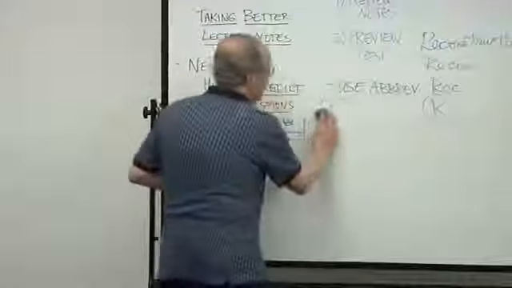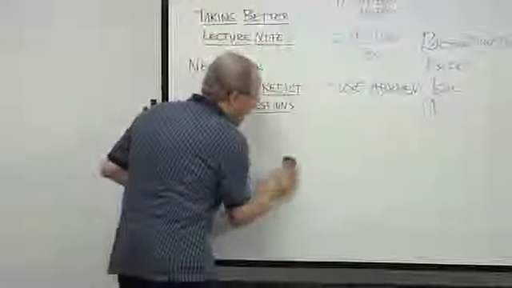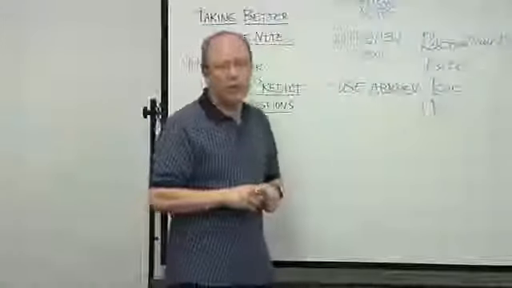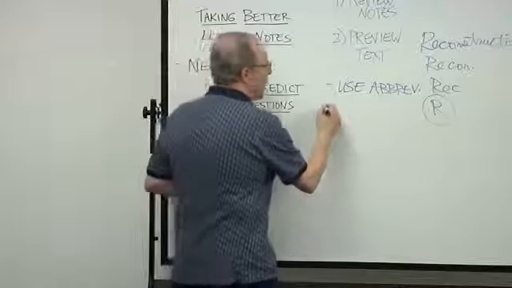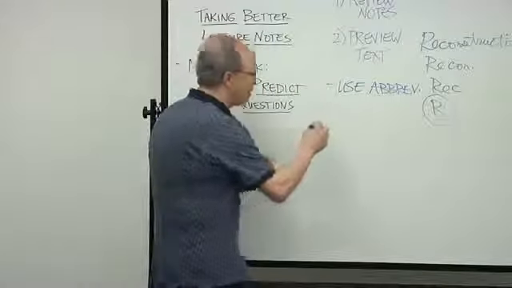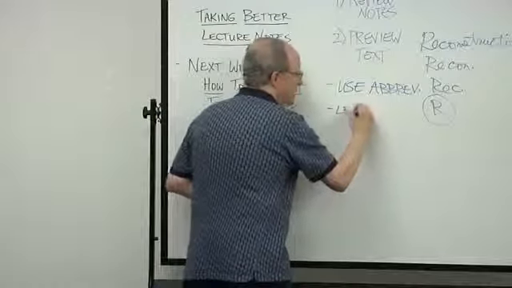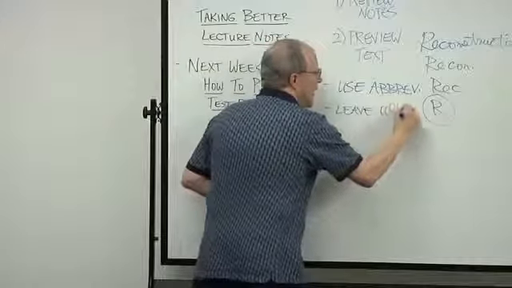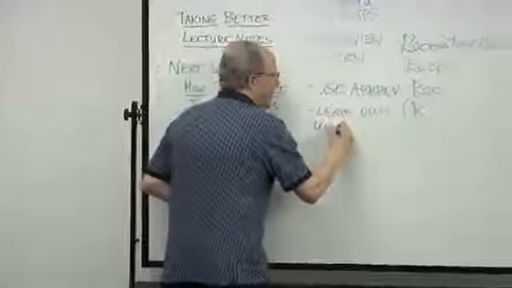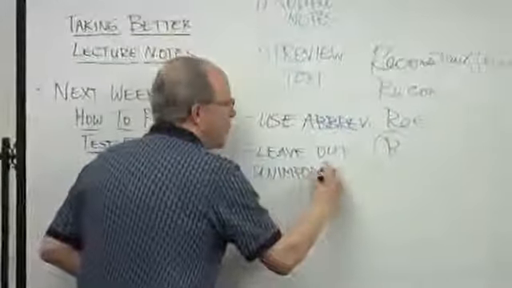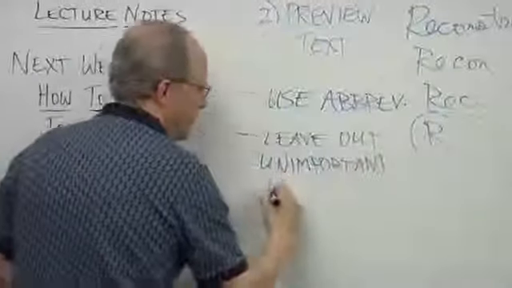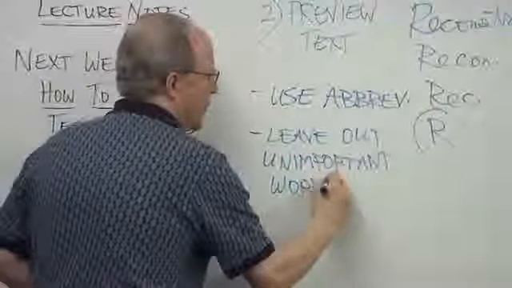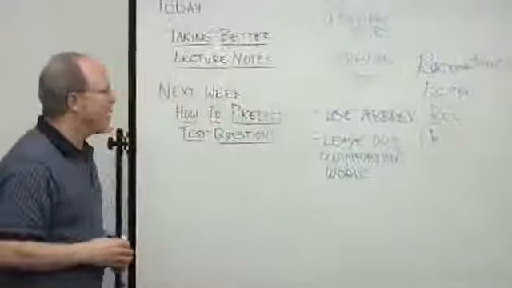And then the other part of this number 3, talking about going on a diet with your notes, is this. I'm going to say this 2 different ways. One is leave out unimportant words. Okay.